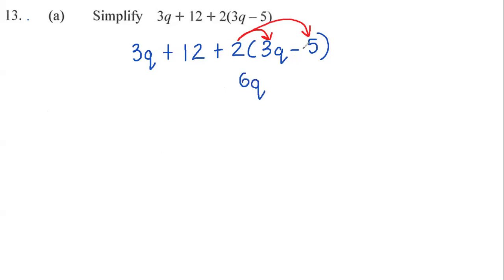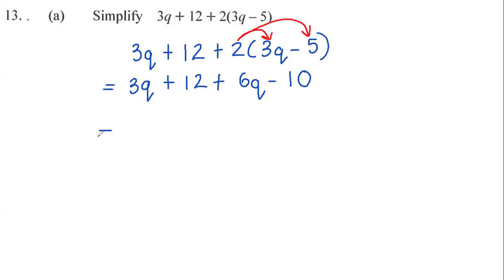And what is 2 times 5? 10. 10, very good. Negative 10, we just keep the negative sign and bring it down. That's gonna be plus what? Plus 12. Plus what? 3q. 3q, very good.